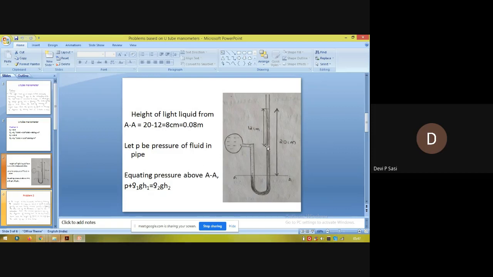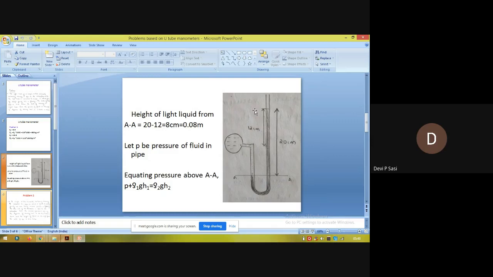Then the difference of levels between the center of the pipe and the mercury level is 12 centimeter.